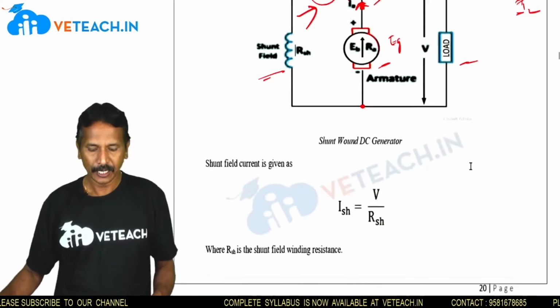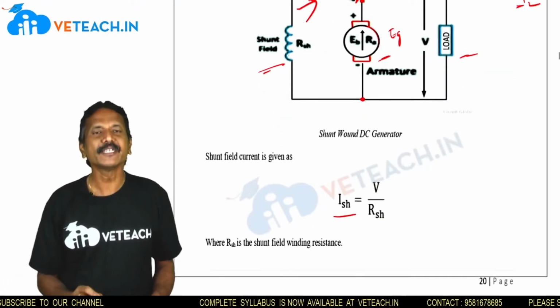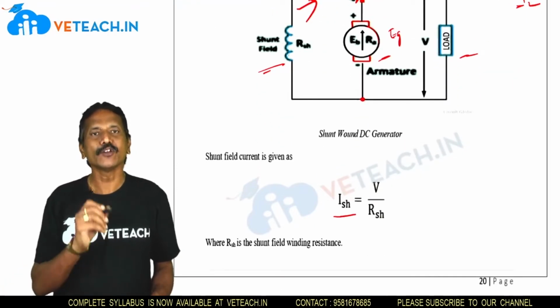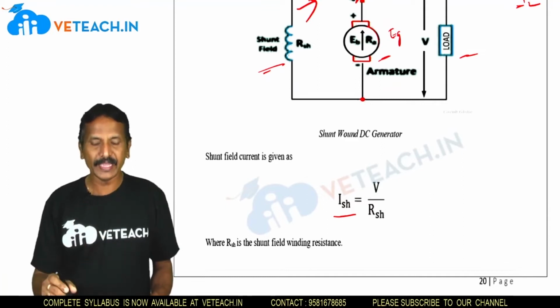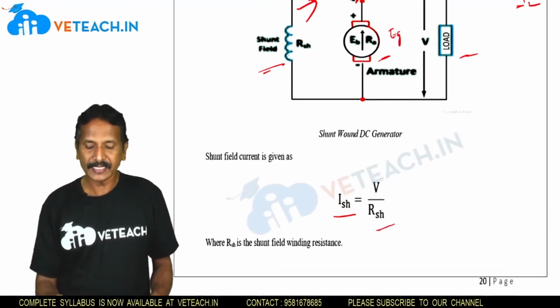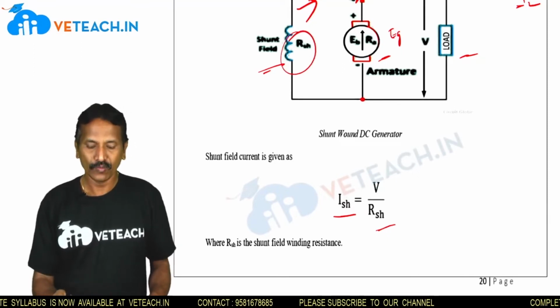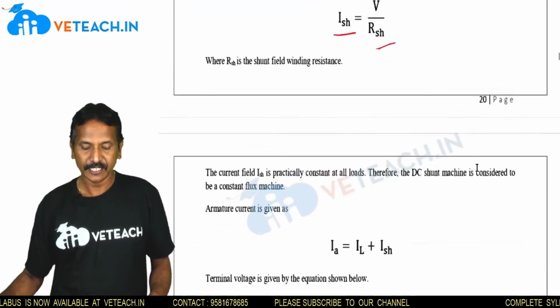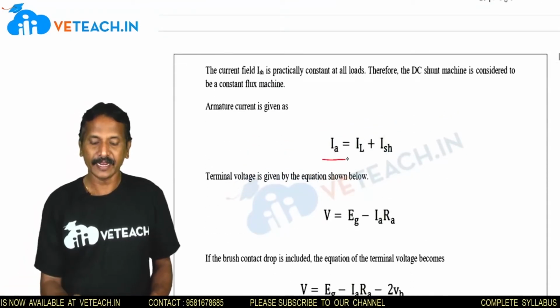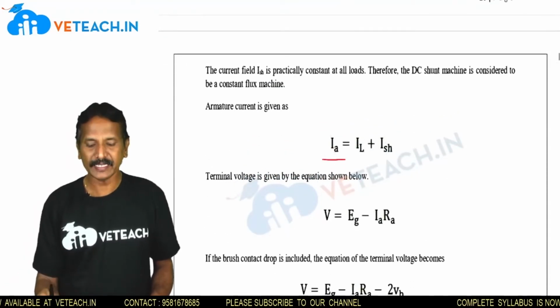Students, now what is the meaning of ISH? Shunt current. According to Ohm's law, I is equal to V by R, so ISH is V by RSH, where RSH is the shunt field resistance. Here the armature current is equal to IL plus ISH.